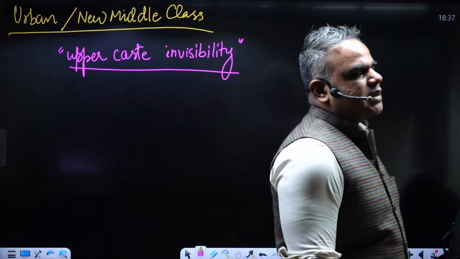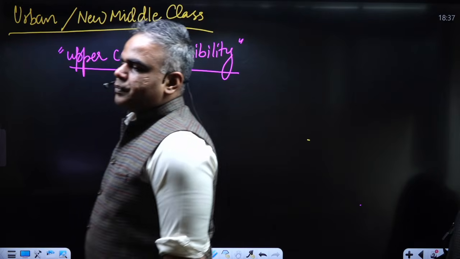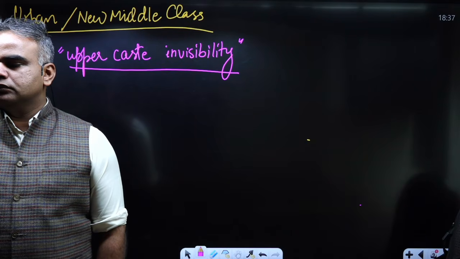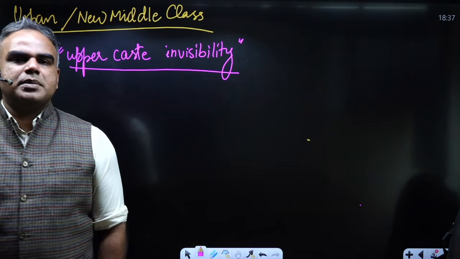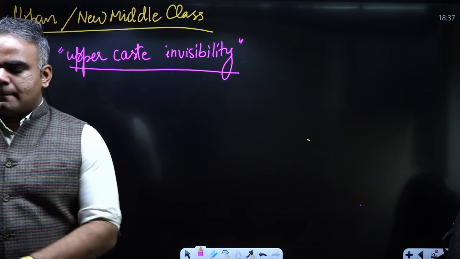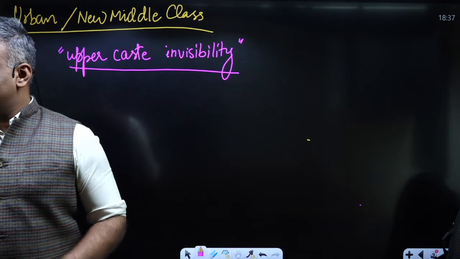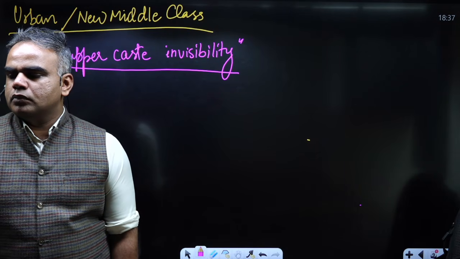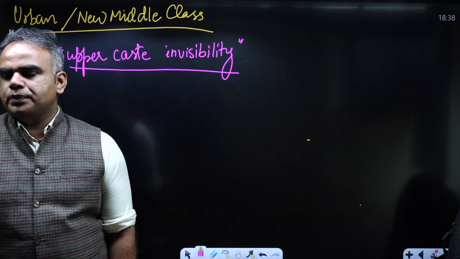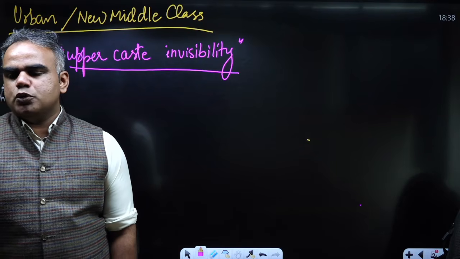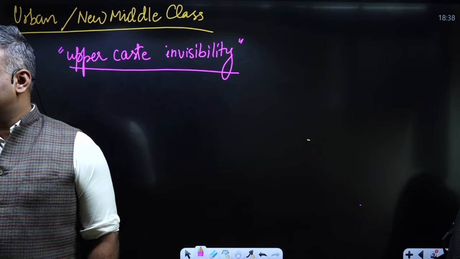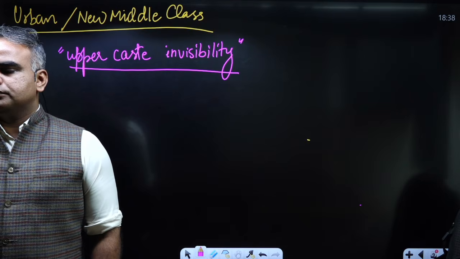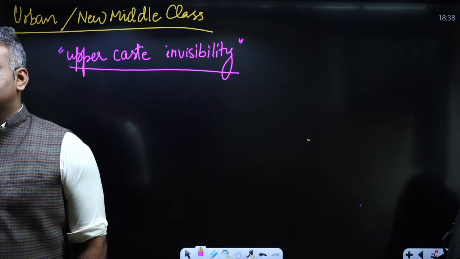Dalit and Adivasi communities continue to remain overrepresented in informal labor sectors, while the upper castes dominate higher education and elite services. Full stop.